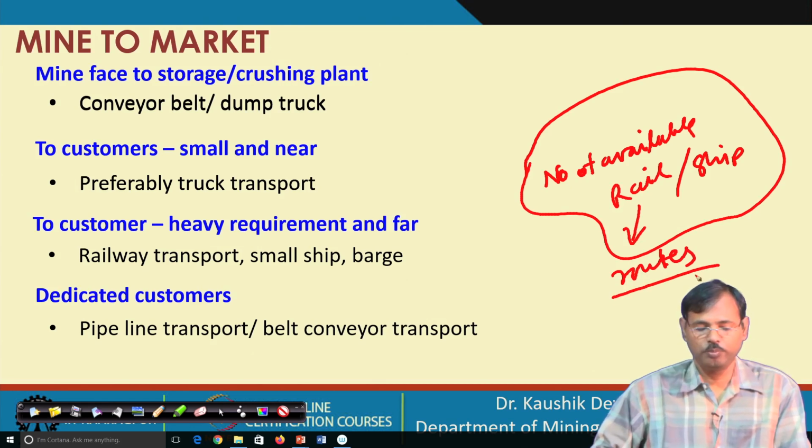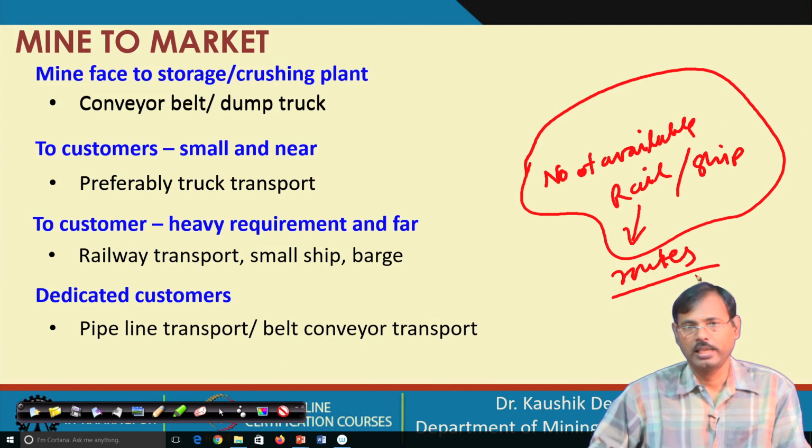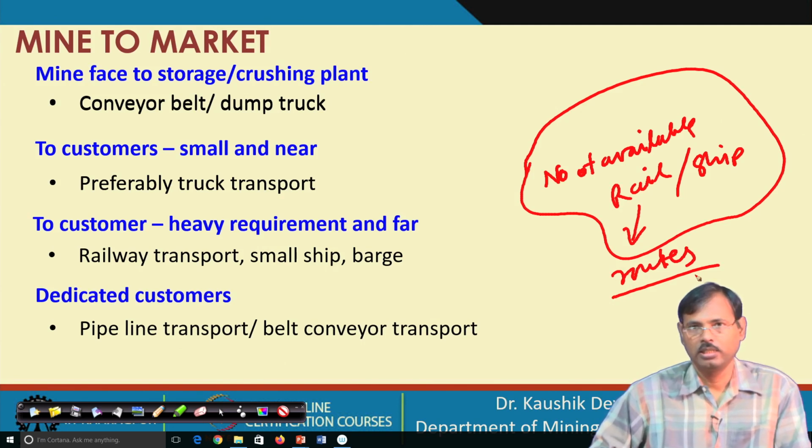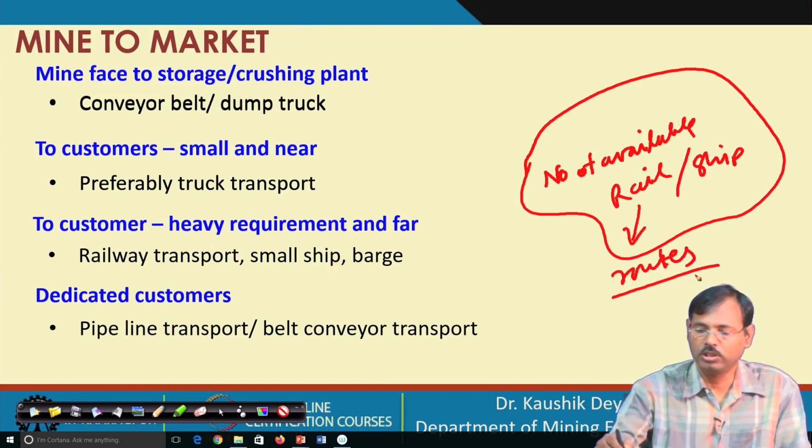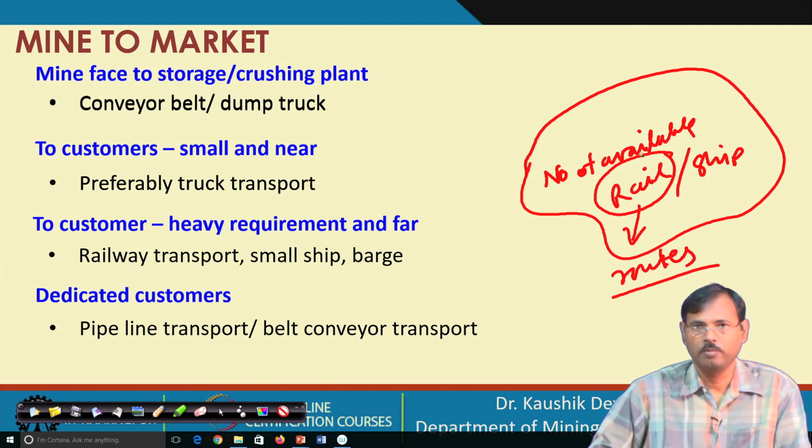That means, if someone is willing to have a railway rake for transporting coal from a particular point to a particular point, say, consider that you are transporting the coal from the BCCL to some point of the Gujarat, then it may be possible, if they are willing, then also that rail rake is not available to take that material from that particular point to that particular point.